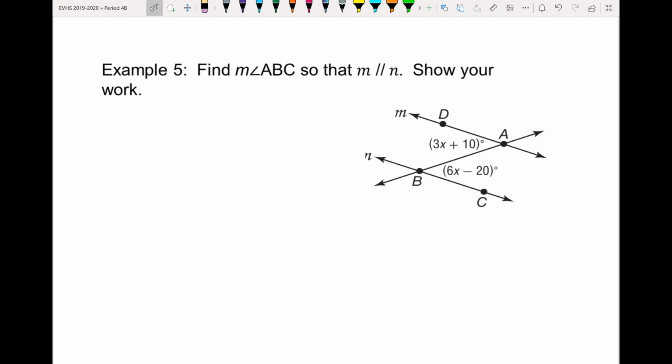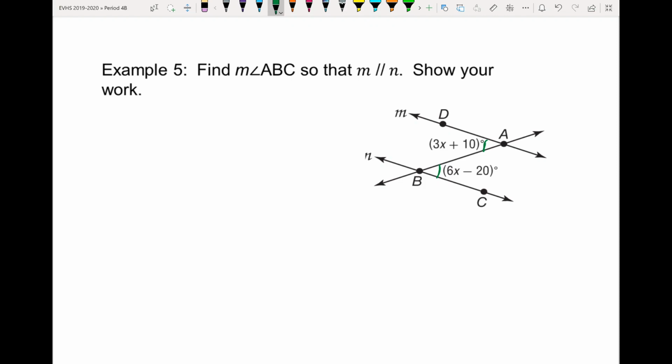All right, so notice on number 5, it gives us a slightly different set of directions than what we've seen before. Earlier it would say, given that m is parallel to n, what is the value of x? Now it says, find the measure of ABC to force m to be parallel to n. In order to force that, these two would have to be congruent because they're alternate interior angles.